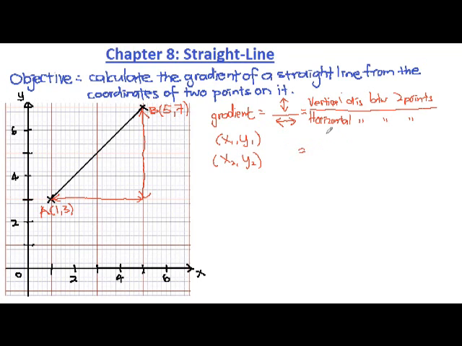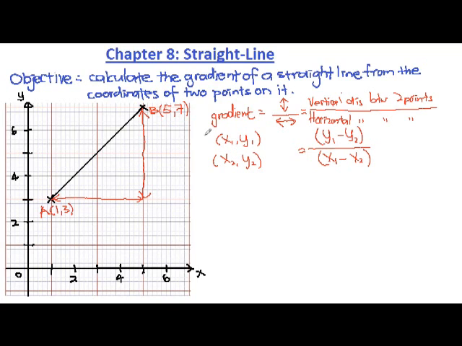So the gradient is equal to y1 minus y2 over the horizontal distance, where the horizontal distance can be found by finding the difference between x1 and x2.